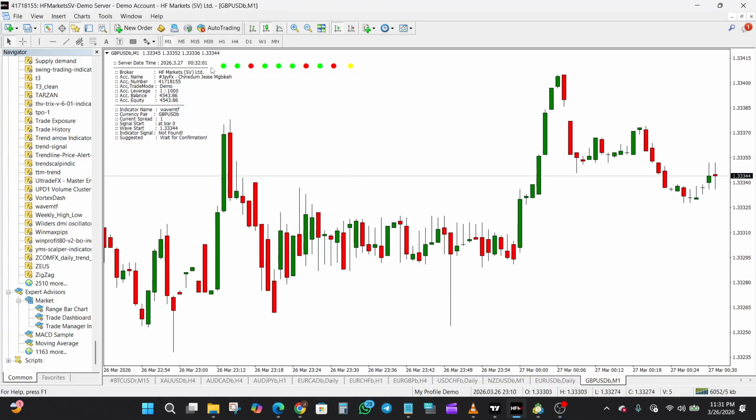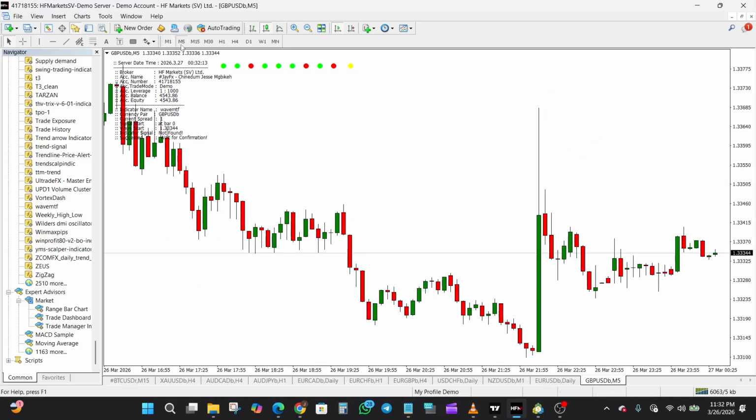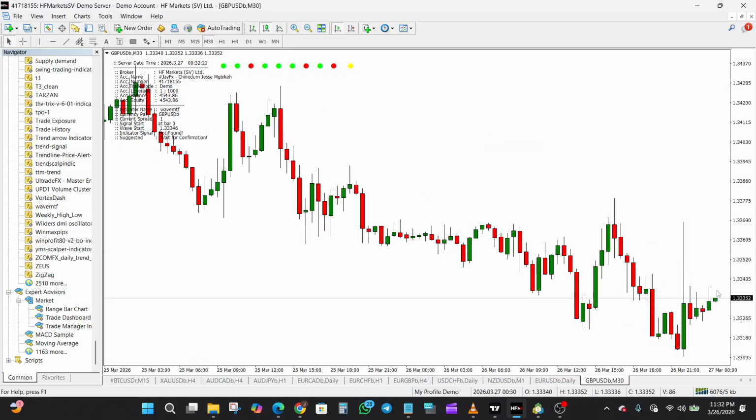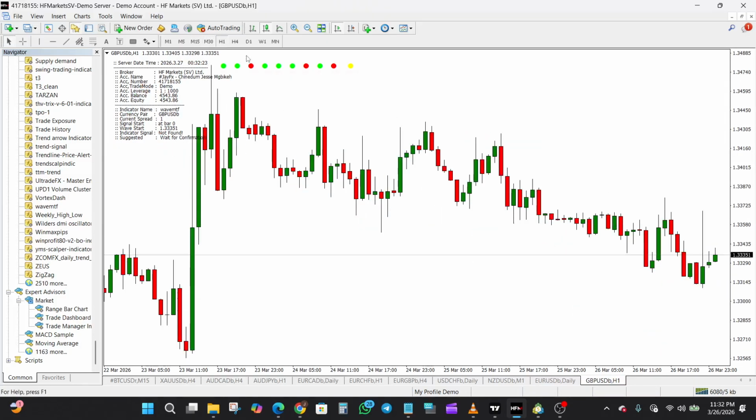So if this should represent M1, we are being bullish on the 1 minute time frame. We are being bullish on the 5 minutes. We are being bearish on the 15 minutes. We are being bullish on the 30 minutes.